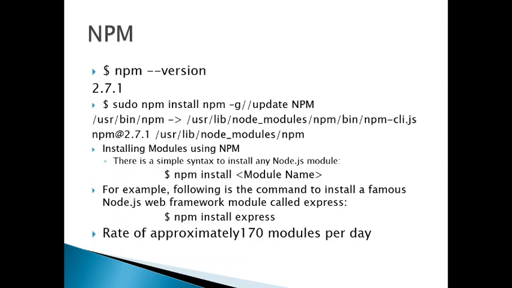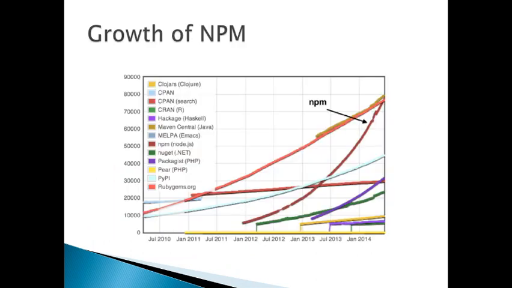There are approximately 170 modules per day being added to the npm repository. You can see this is the npm repository from January 2012 to January 2014. It has crossed everyone.